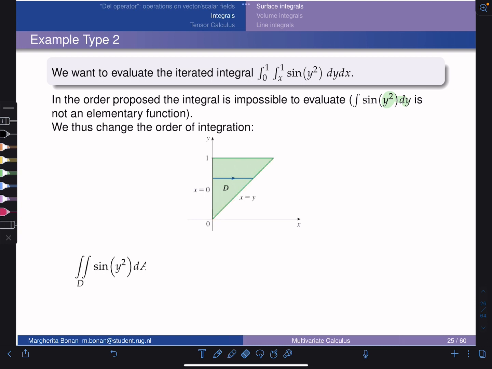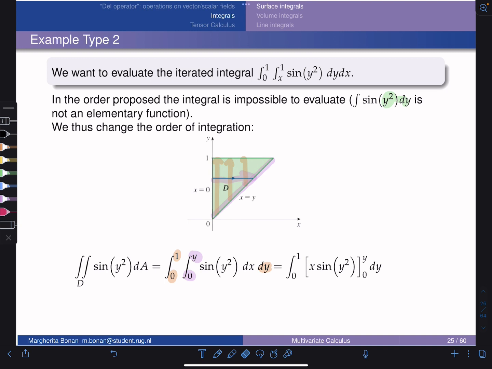So we see that the double integral in the region D is equal to the integral where x goes from 0 to y, as we see here in the arrow, and y goes from 0 to 1. In this way, we covered the whole region that we wanted to integrate.